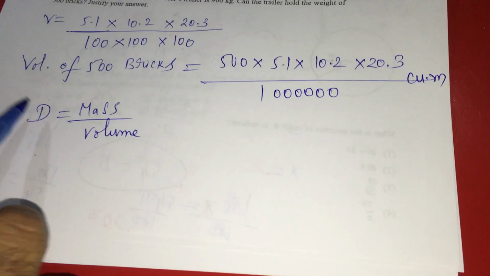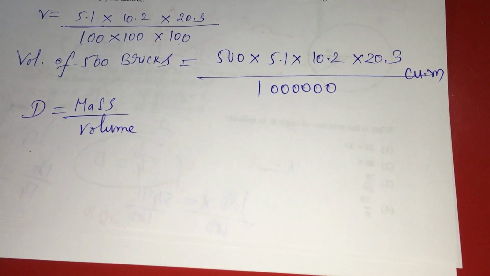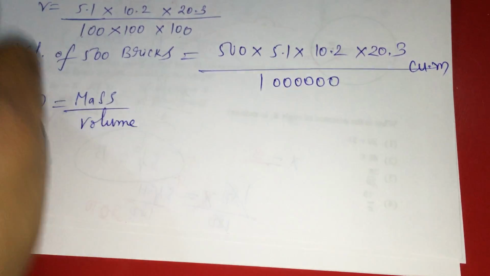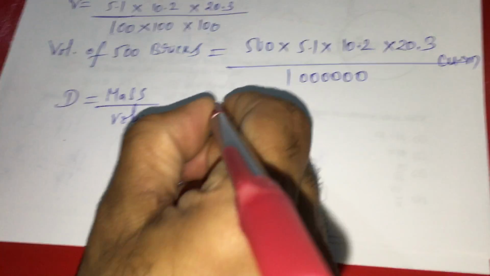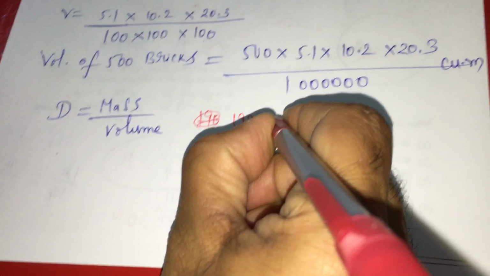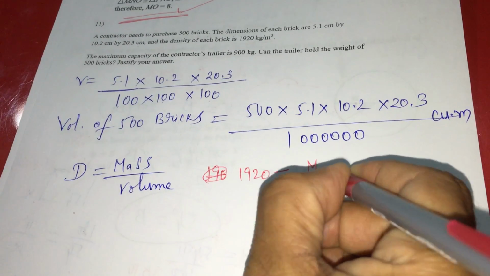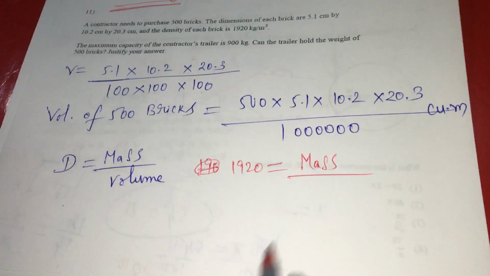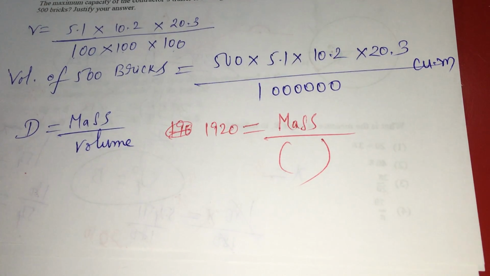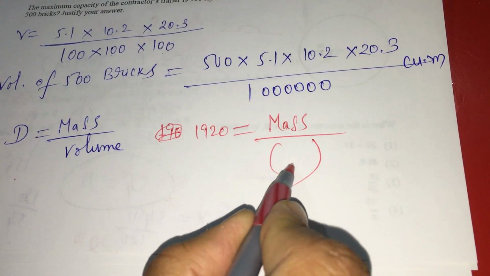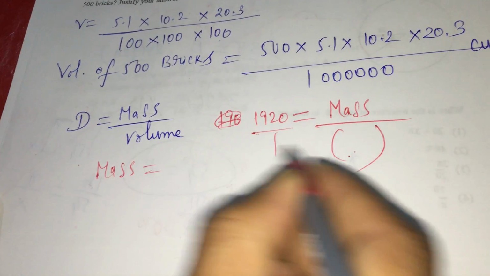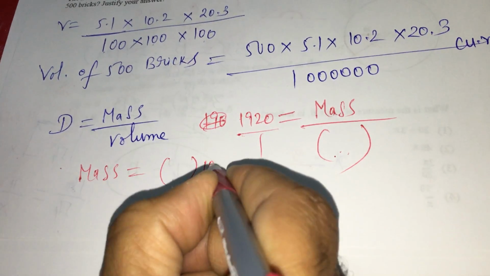So if you want the mass, you have to write 1920 is equal to mass per volume of one brick, like this. If you cross multiply, you will get mass as this value times 1920.